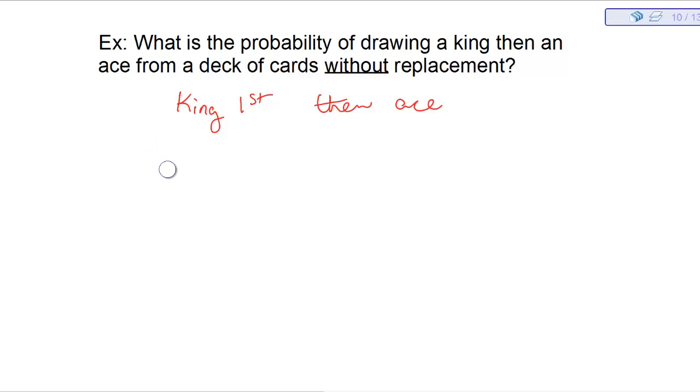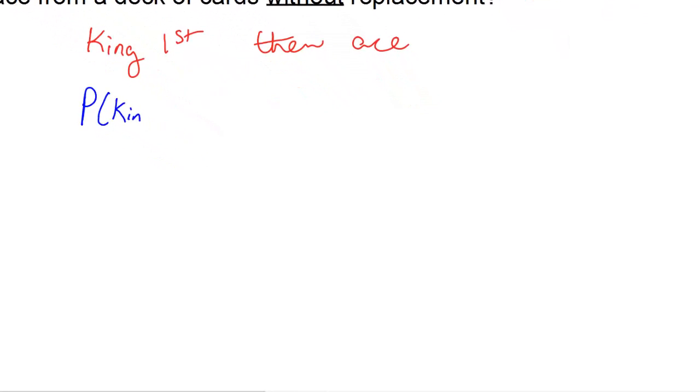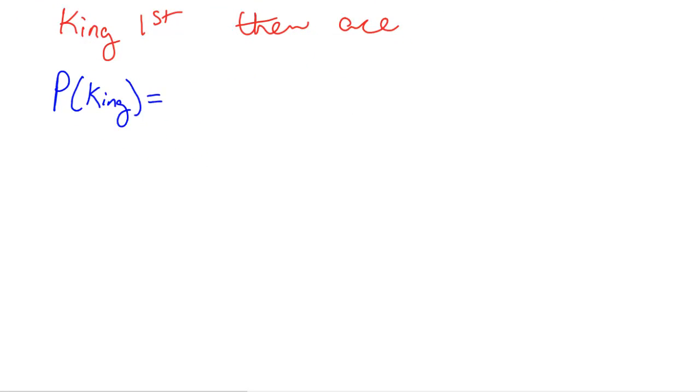The probability of a king is 4 out of 52. We know that. Since we don't replace that king, the probability of drawing an ace changes. So now we have the probability of an ace given that we already drew a king.